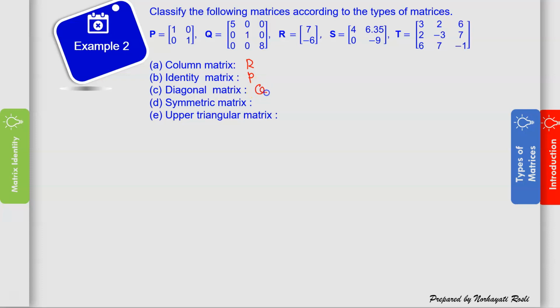So it is Q. Symmetric matrix, you have a square matrix, and when you transpose, you should get back that matrix. So the answer for this one is T. Upper triangular matrix, it is S, meaning the elements below the main diagonal are 0. So S is the upper triangular matrix.